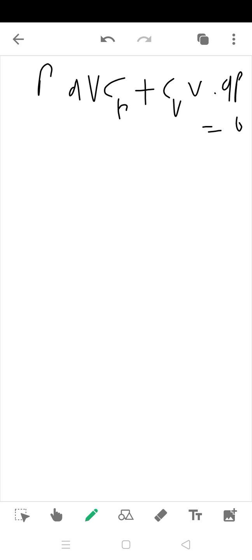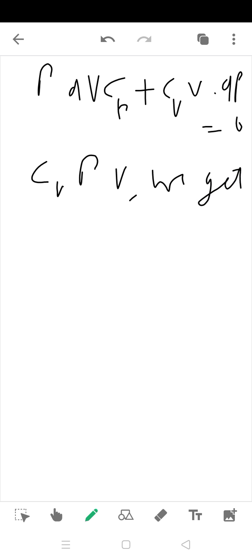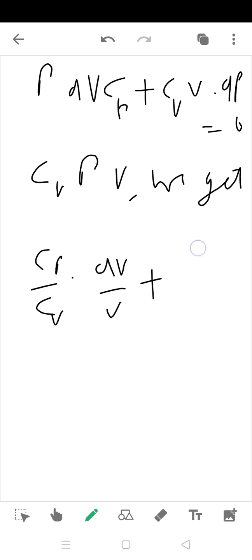We will divide throughout by Cv P V. We will get Cp by Cv into dV by V plus dP by P is equal to 0.